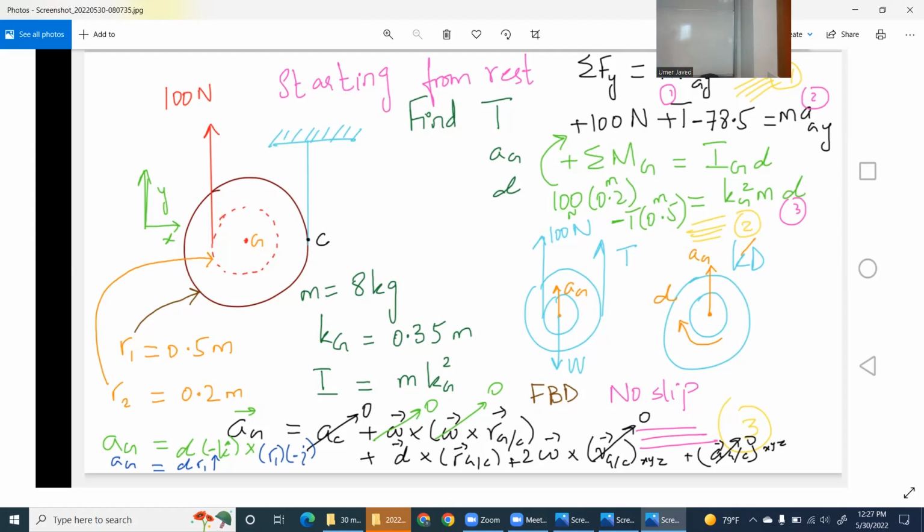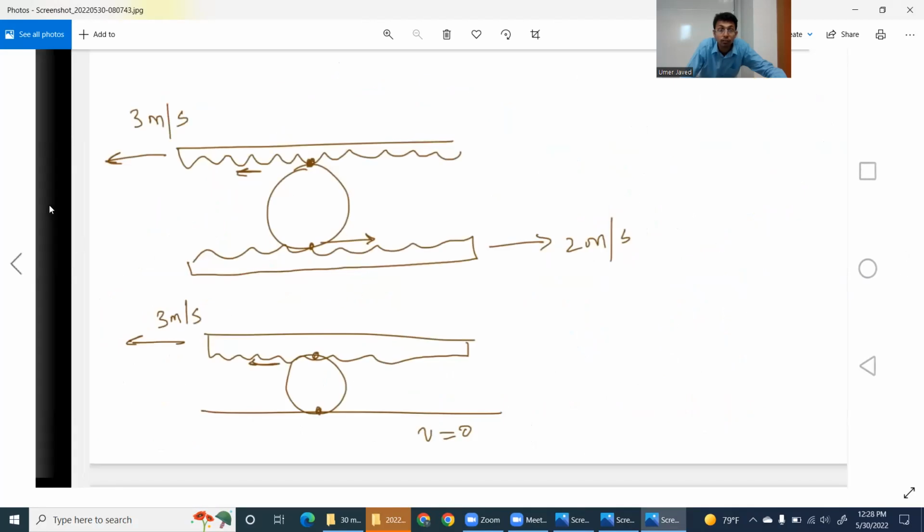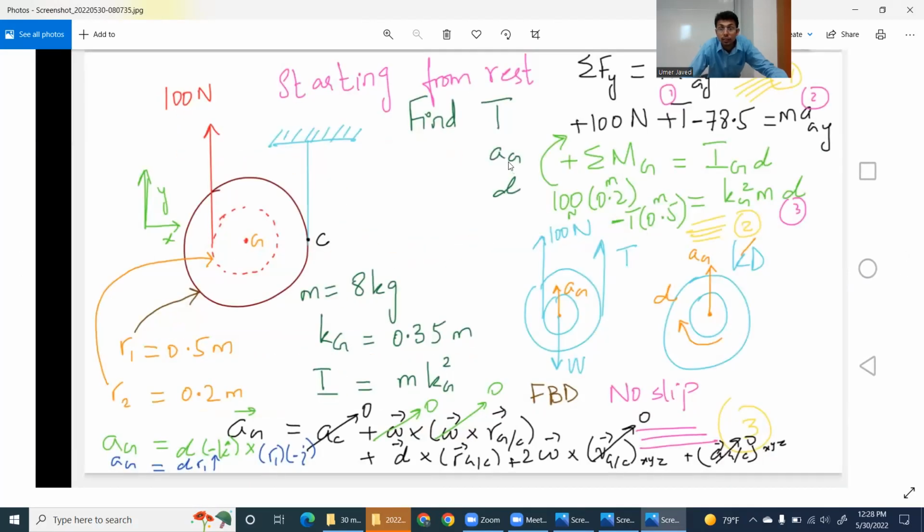Are you getting my point? So the question says that you have to find the tension in the right wire, this one. The question also says that you have to find the acceleration of the center of mass.